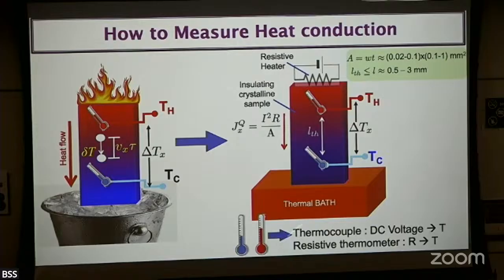So here, for the thermometer, most research groups in the world use either a thermocouple, and I'm going to go into more detail. A thermocouple basically measures a DC voltage, and from that you get the temperature. A resistive thermometer is again a similar metal film chip, and you measure the resistance and convert it to T. These two I'm going to spend some time on a little later, okay?